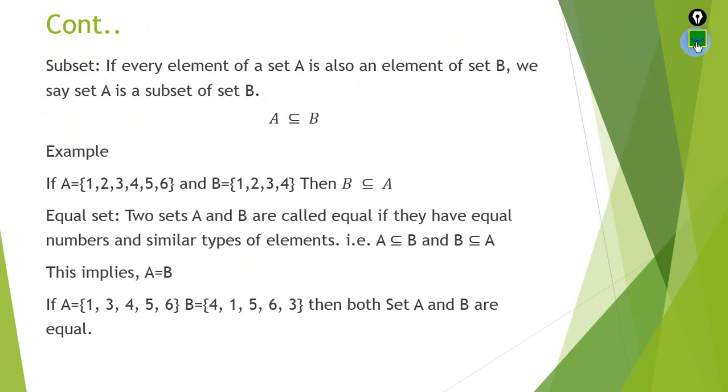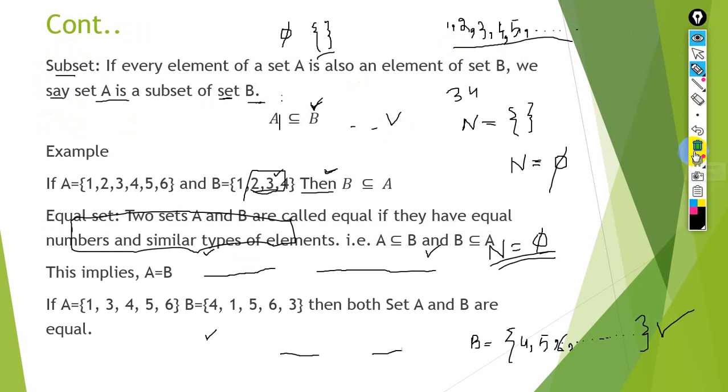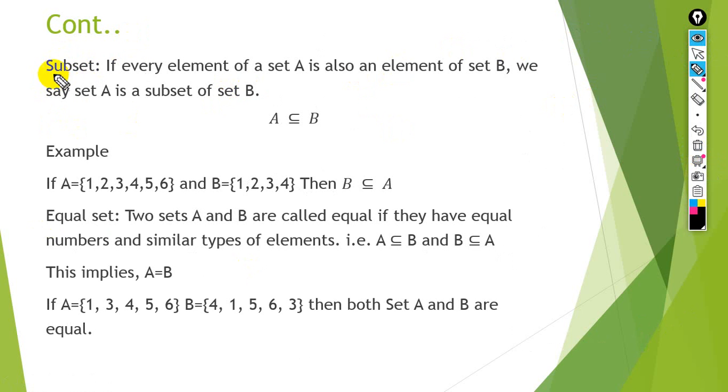Okay, so now what we have, a subset. If every element of set A is also an element of set B, we say set A is a subset of set B. Look at this. Here I am taking A as 1 2 3 4 5 6. In this case we can say that B is a subset of A. Why?